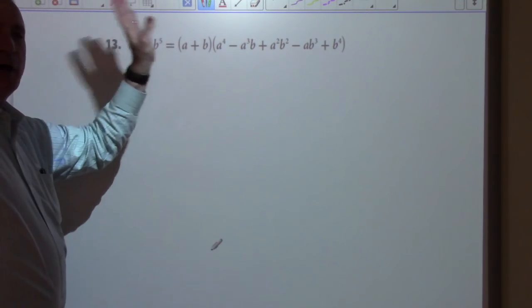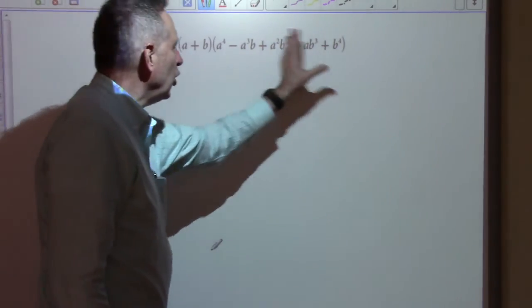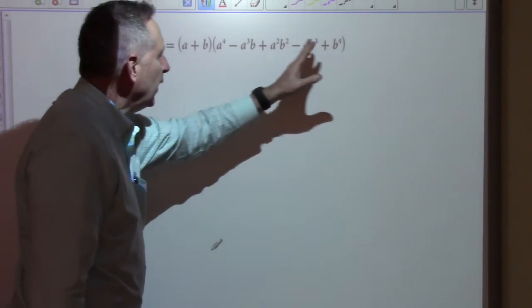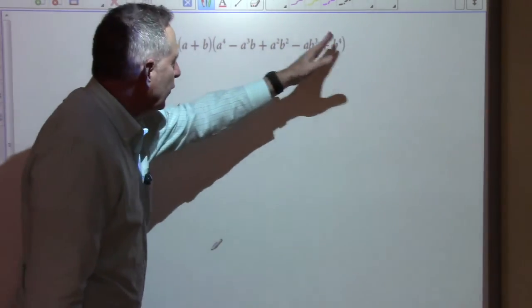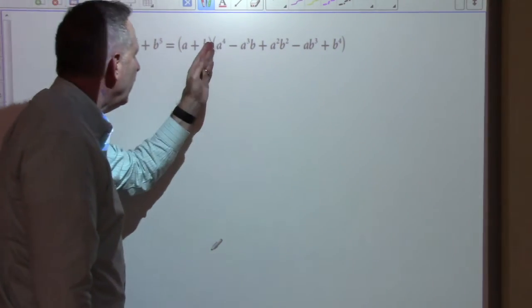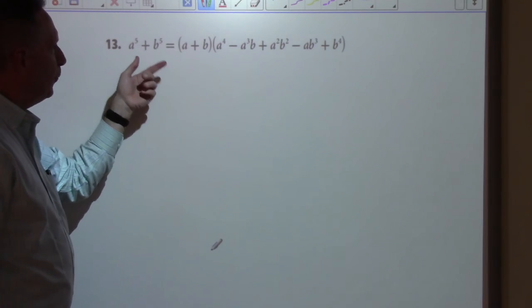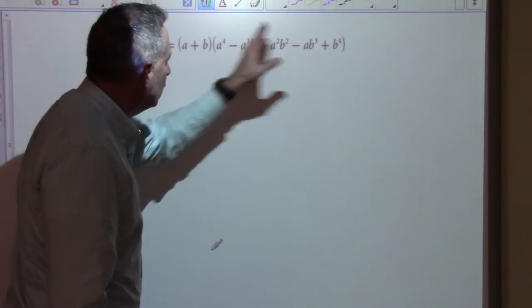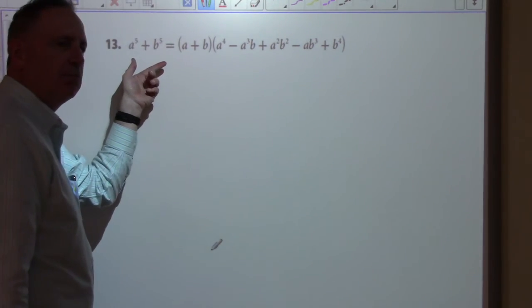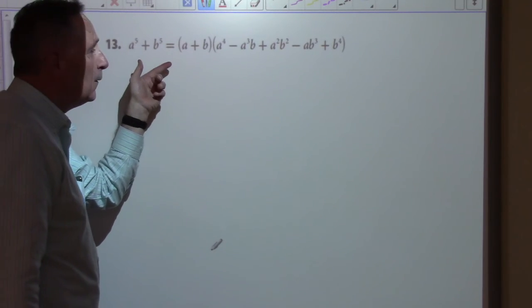The right way I do this, I would go ahead and work all this out. And to verify the identity, all this multiplied together and simplified should work out to be this. But this is really a factored form of this. Right?